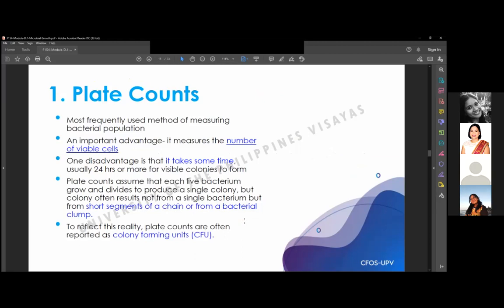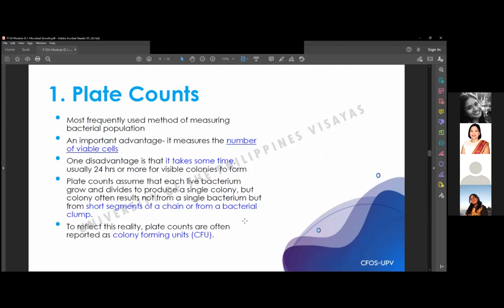Okay, so the first direct method of measurement, or the direct means of measuring microbial growth, is the plate counts. So ano yung ano natin sa plate count? Of course you use the Petri plate. It's a frequently used method of measuring bacterial population, and it gives you the measure of the number of viable cells.